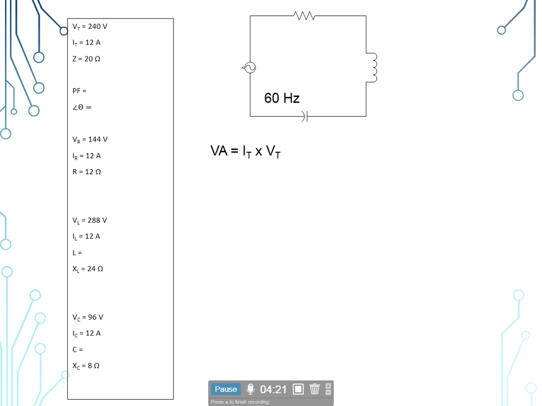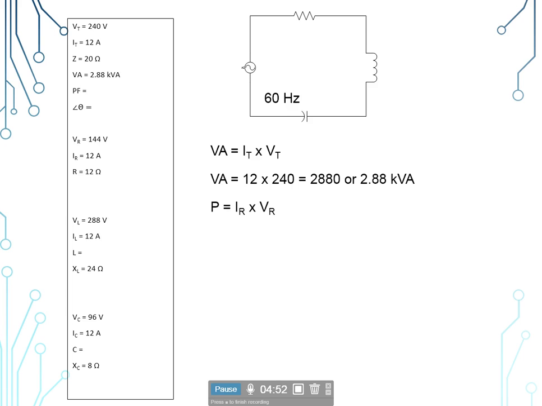Now we're going to find our apparent power. So our volt amperes is equal to our current total times our voltage total. So we have a total current of 12 amps times a total voltage of 240 volts, giving us 2.88 kilovolt amperes. So 2.88 kVA. Now we're going to use the power formula to find our true power.